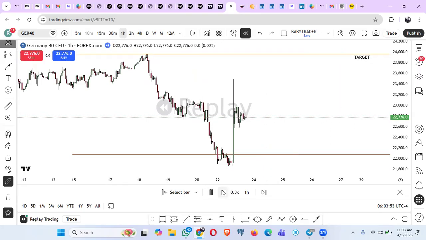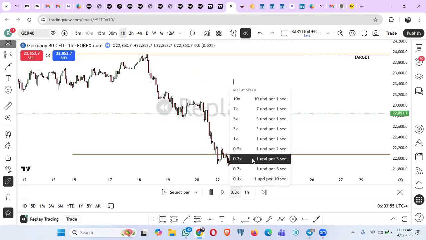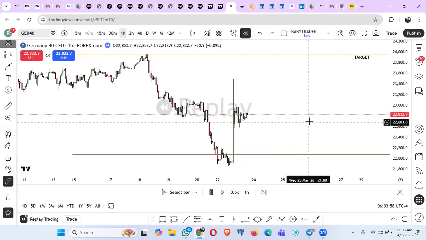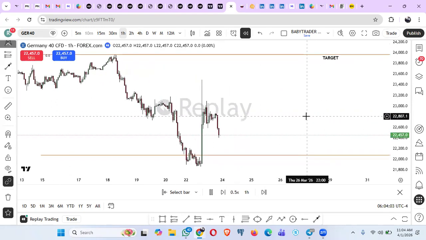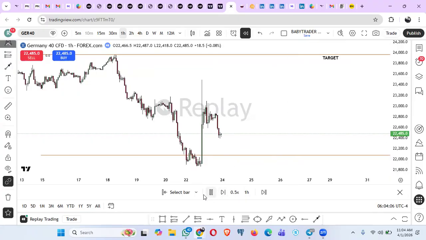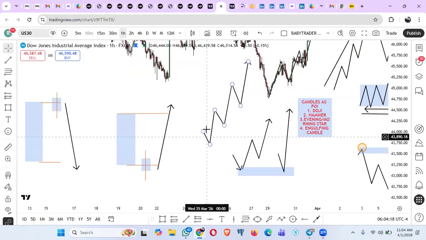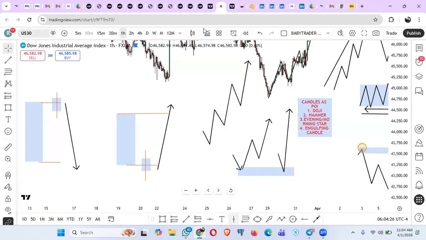So be very slow. Exactly, what I told us earlier: impulsive push, correction, impulse, and at the extreme you look for your candles.